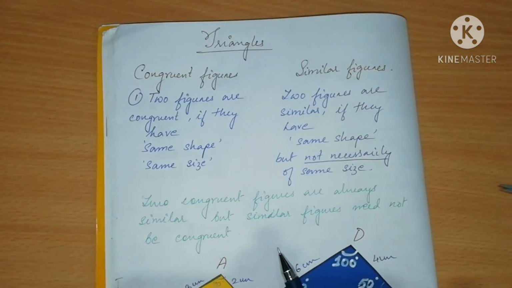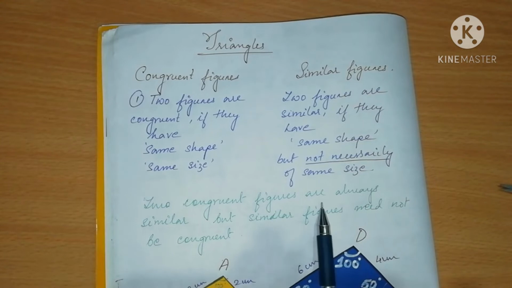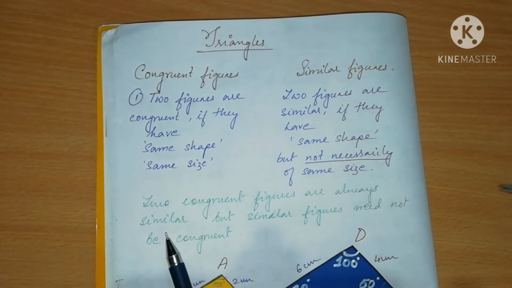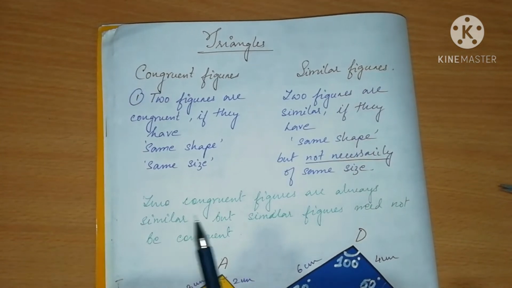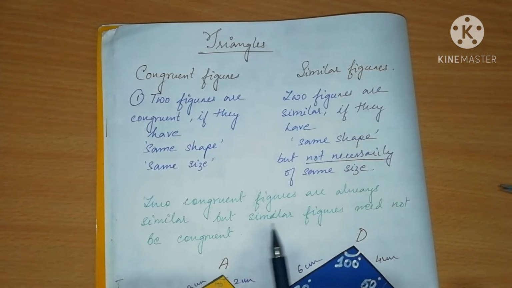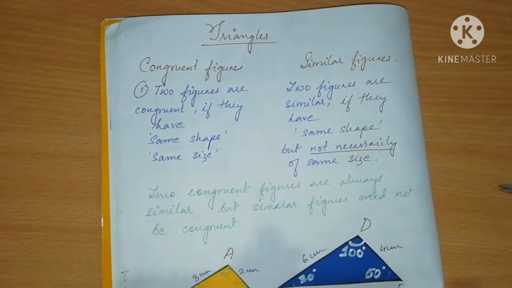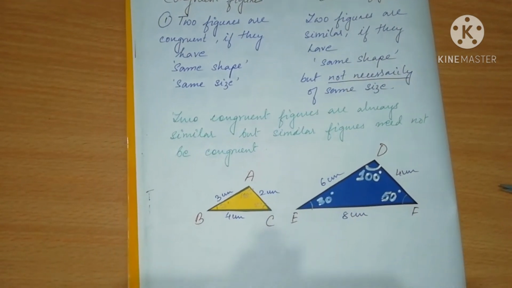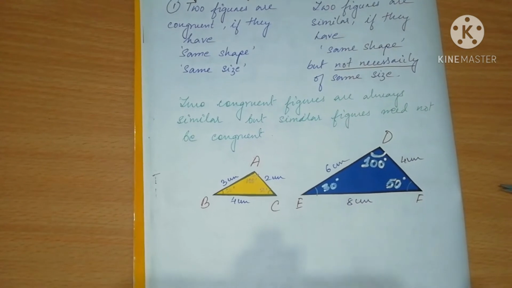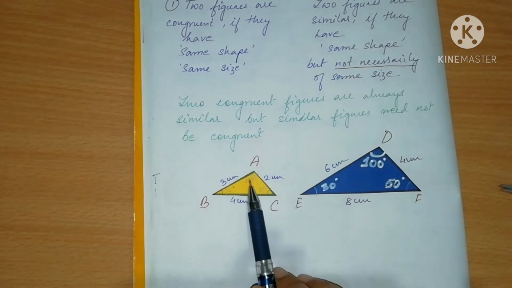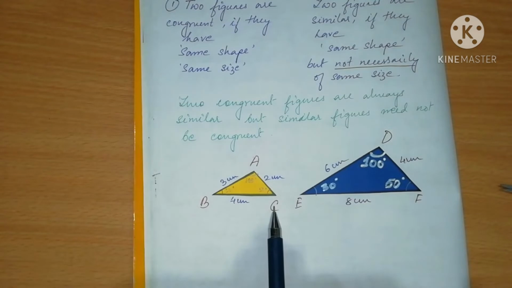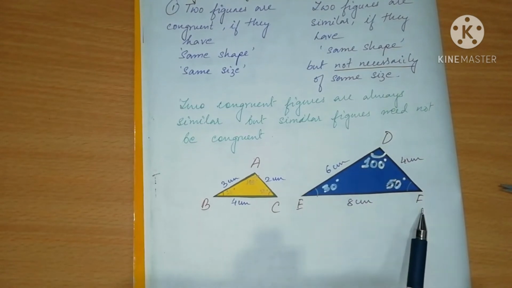So we have concluded that two congruent figures are always similar, but similar figures need not be congruent. To understand this more nicely, I have taken a figure. You can see two triangles I have taken: triangle ABC and triangle DEF.